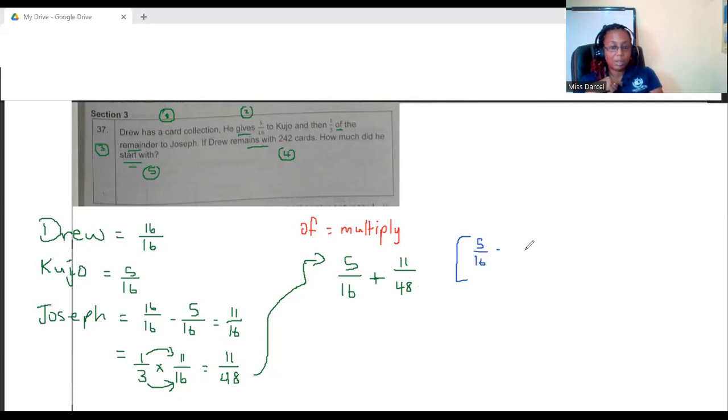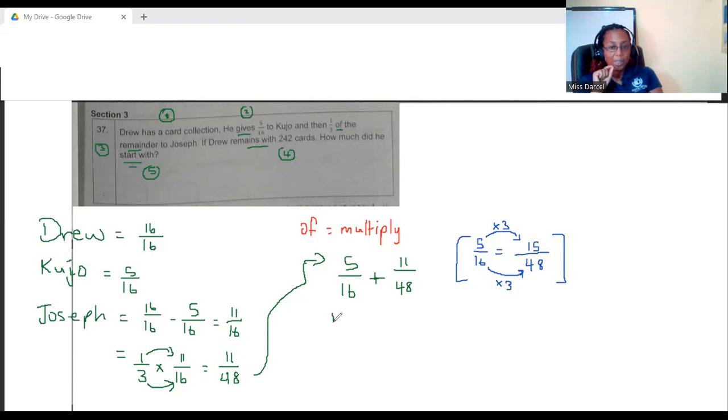5/16, turn that into an equivalent fraction. To go from 16 to 48, you have to multiply by 3. Whatever you do to the bottom, you must do to the top. So we also multiply 5 by 3, and we get 15. Now it's easier for us to add.